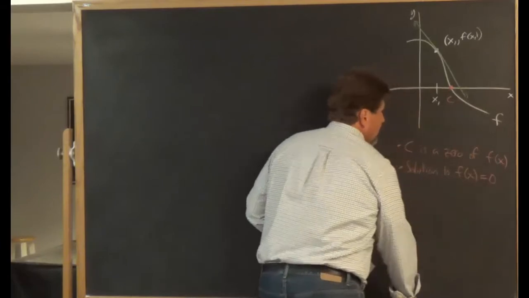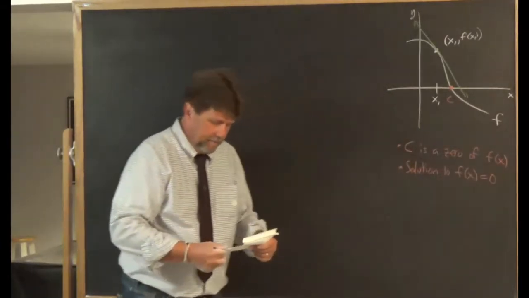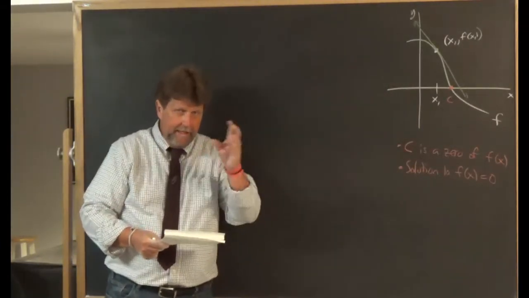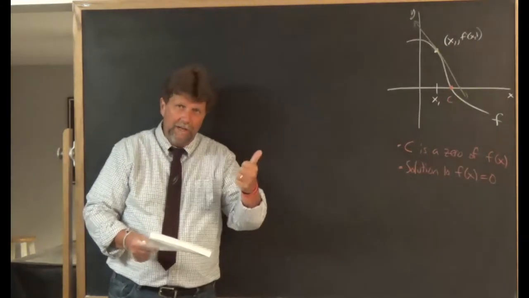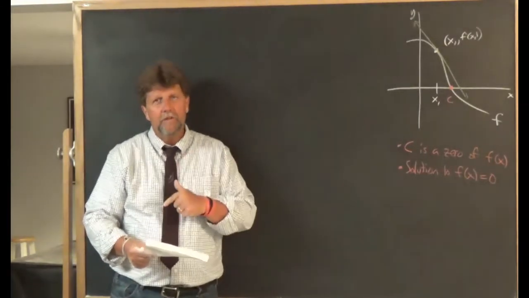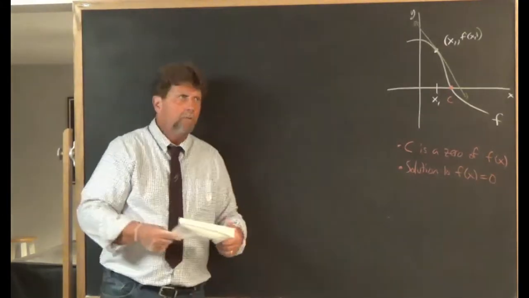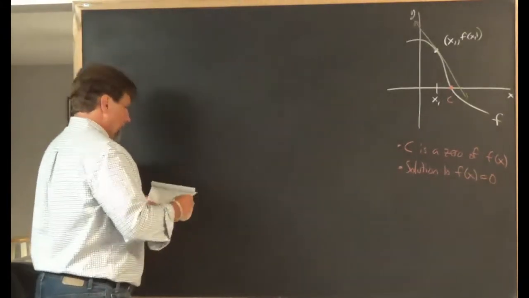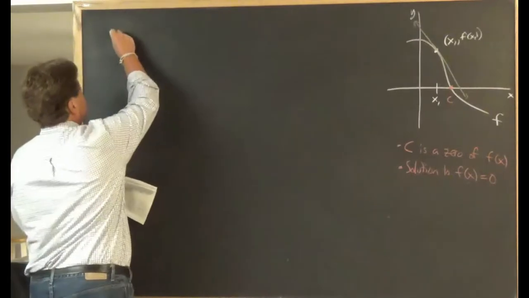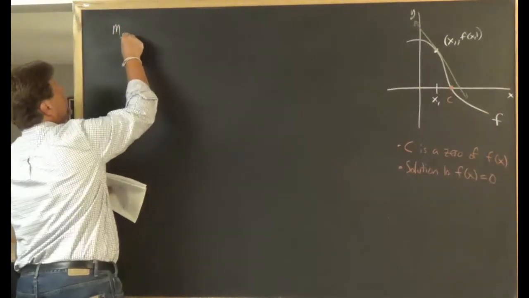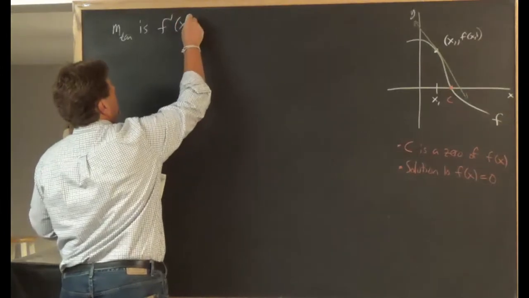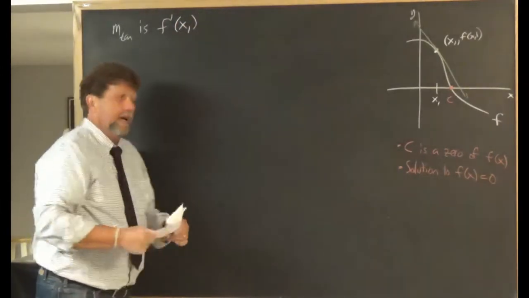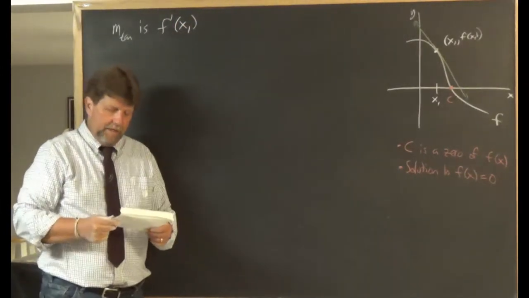So we could come up with an equation for that tangent line. So keep in mind, to get an equation for any line, you need to know a point on the line and you need to know the slope. Well, the slope of the tangent line is given by f prime evaluated at x sub 1, whatever that x sub 1 is.